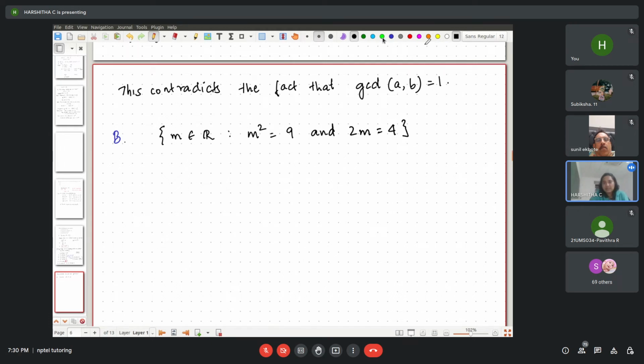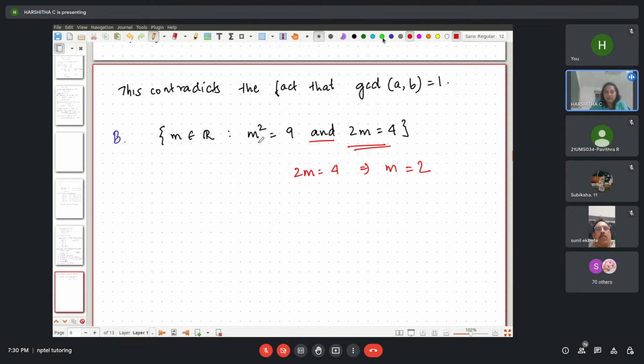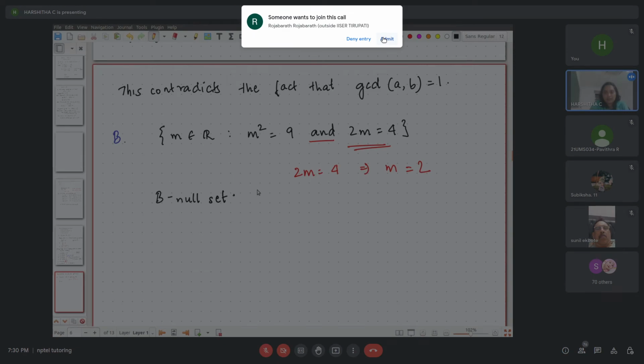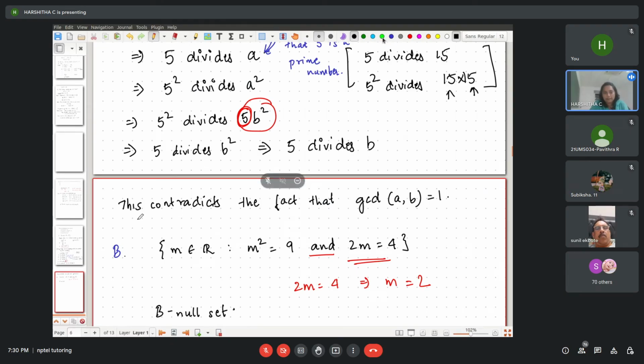Looking at the second condition, 2m equal to 4 gives m equal to 2. When we say and, both these conditions should be satisfied. And of course, if m is equal to 2, its square cannot be equal to 9. So this is again an empty set. So B is a null set. Here we got A is a null set.